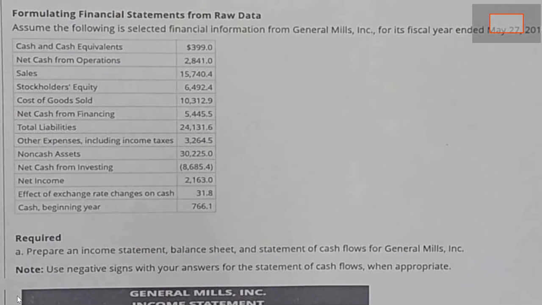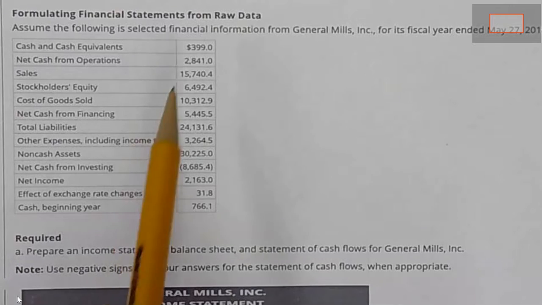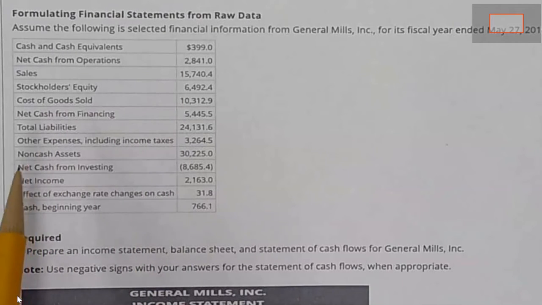But the point of this exercise is we've got a lot of raw data up here. And I thought they actually provided us with more than what we need, but that's okay. We'll take it. Under the requirements for Part A, they want us to prepare an income statement, balance sheet, and statement of cash flows for General Mills Incorporated.